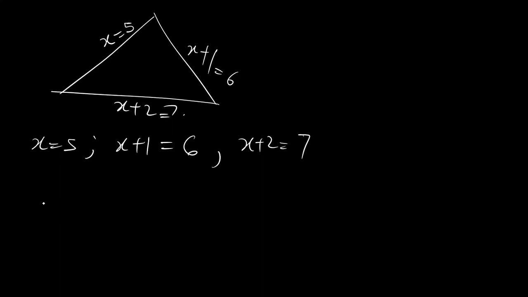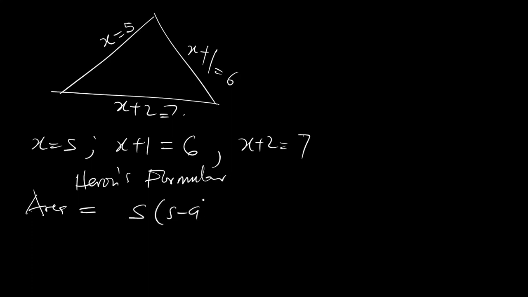So now that means for us to get the area of a triangle, we're going to use Heron's formula, which is the square root of s times (s minus a) times (s minus b) times (s minus c).